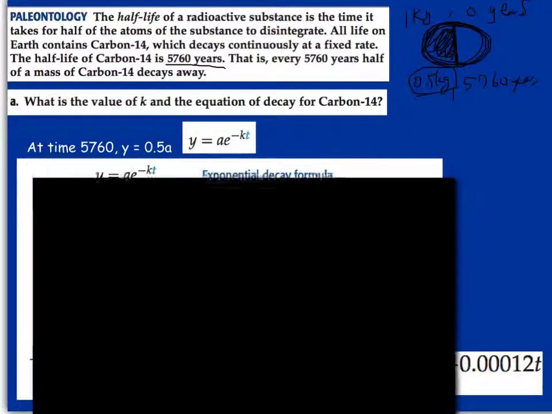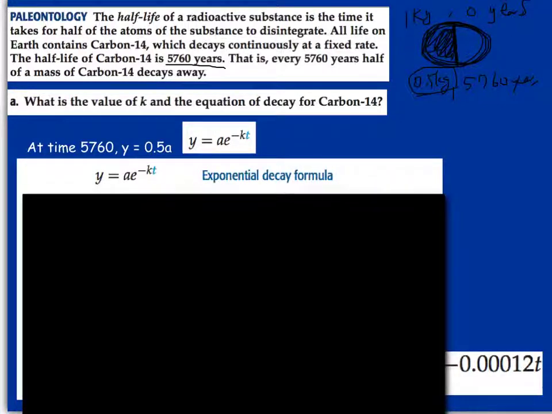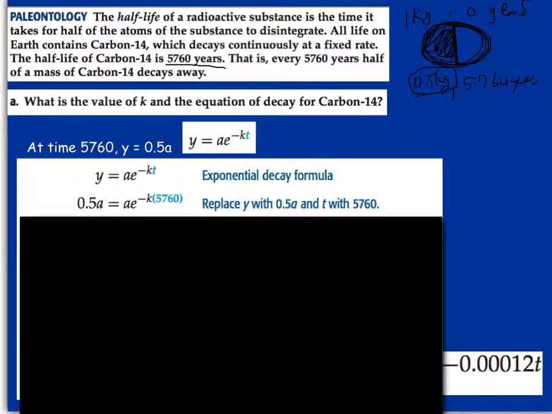So here's the formula. If we put 5,760 in place of t, then we can say that the final amount, right here, that's our final amount.